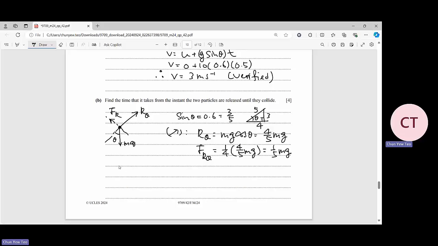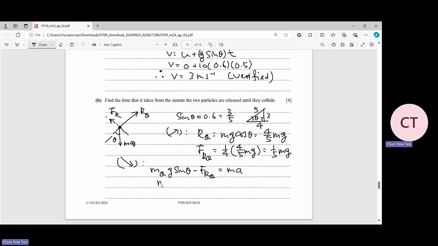If you resolve the forces down the plane, you get mg sin theta minus the frictional force equals ma.